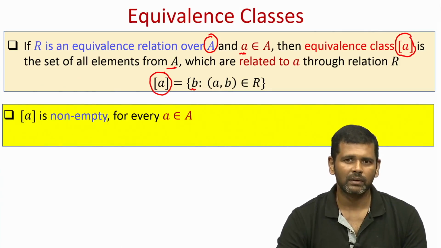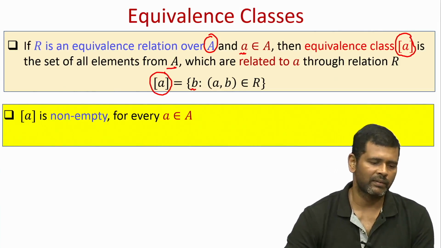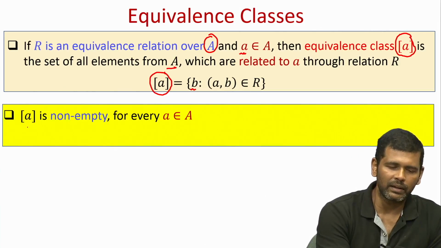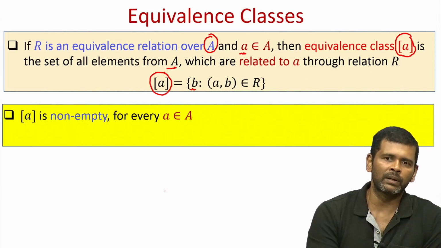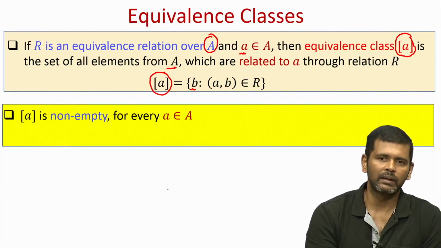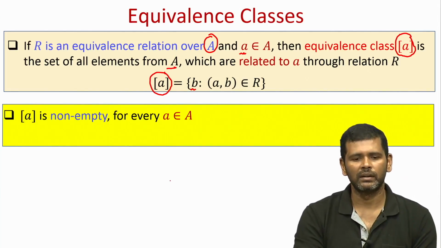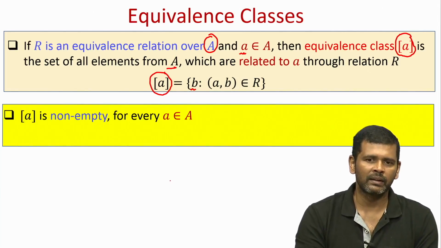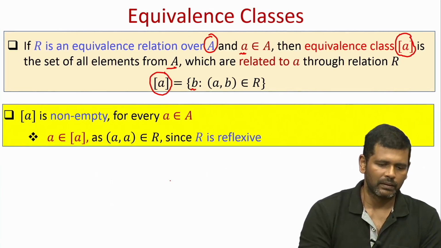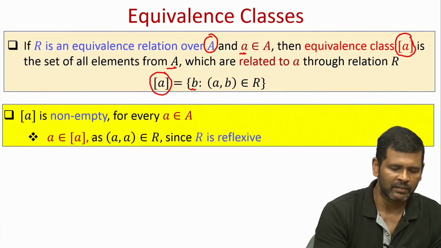The first trivial thing to verify here is that if you take the equivalence class of any element, it will be non-empty. There will be at least one element which is always guaranteed to be present in the equivalence class of any element A, and that element is the element A itself.